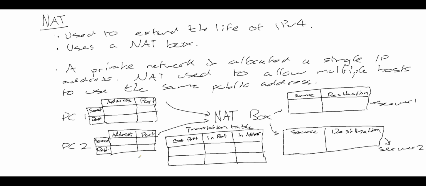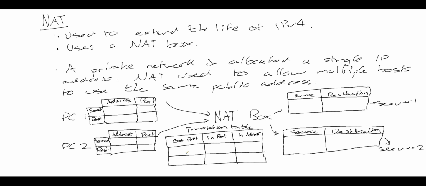In this scenario, what we've got is two PCs sending a request to the public internet, and we've got two different servers here, and we've got the NAT box in the middle. And the NAT box has what's called a translation table, and the translation table records the port associated with a request on the outside of the private network, and the port associated with a request on the inside of the network, and the private address.